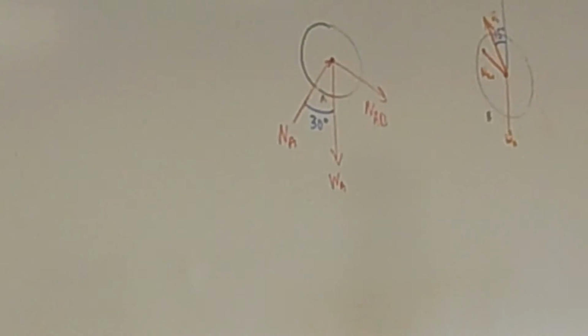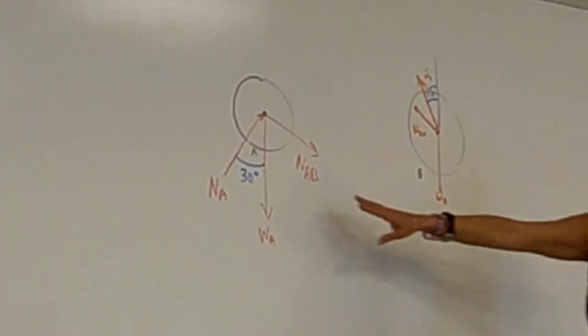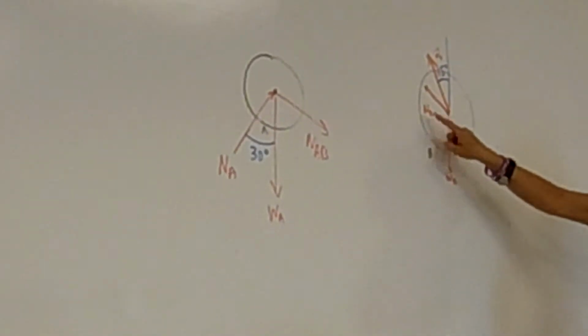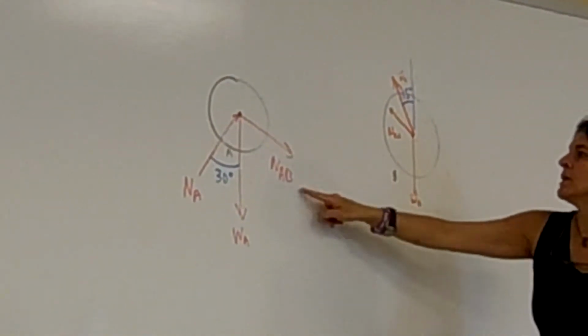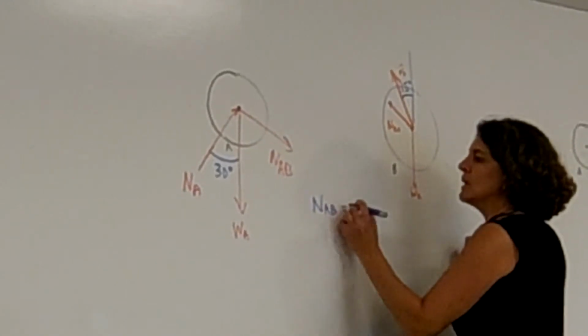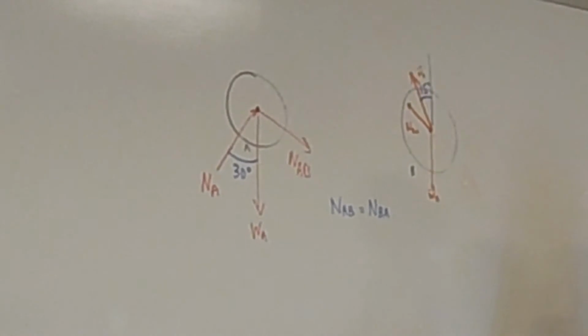Okay, so now let's move to NAB and NBA. So notice that Armando called it NAB, and Brandon called it NBA. If I want to call these different variables, I'm going to have to make sure that I make a note that they're equal to each other. Otherwise, I'm introducing a new variable.